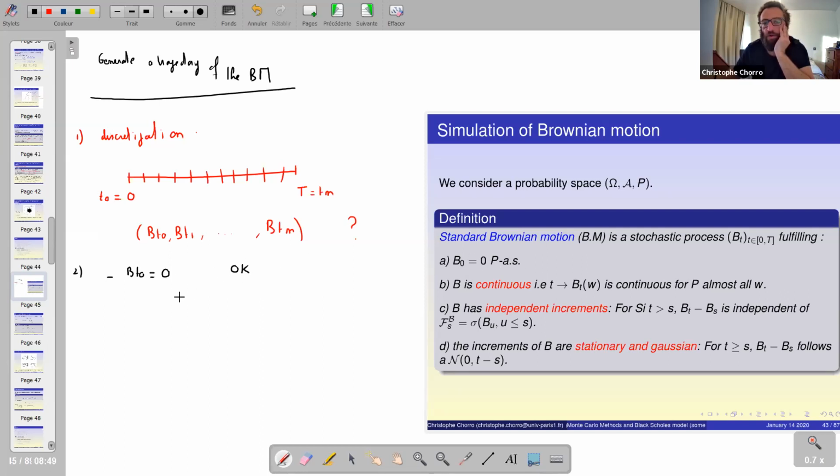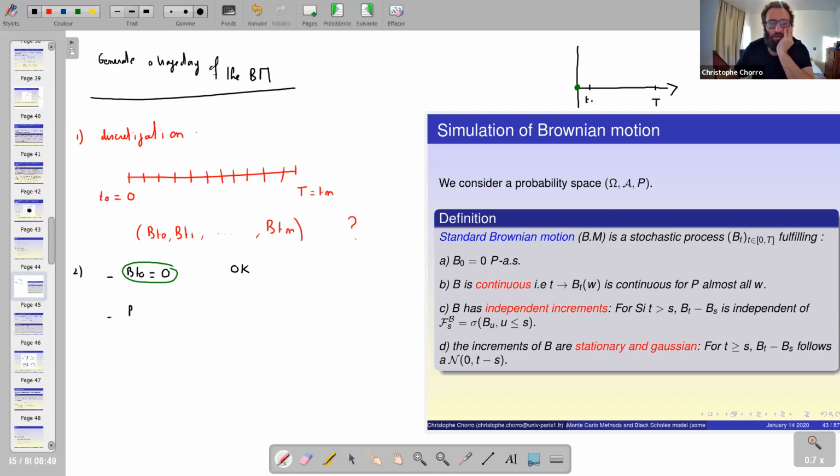So to generate my Brownian trajectory, I don't have the choice for the initial point. I start from 0. Then I will be interested in what happens at t1.